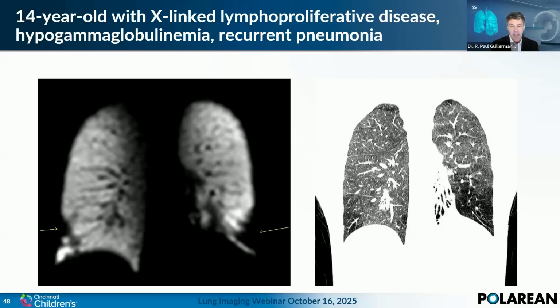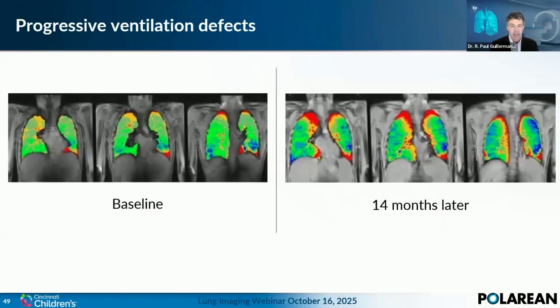And on the CT, you can see that collapsed left lower lobe, which on the ventilation image for the xenon shows very little actual ventilation. And if you go on to the next slide, so this patient had follow-up. The problem with many of these patients is that they would be getting numerous follow-up CT scans to evaluate the progression of their lung disease, which of course imposes radiation exposure, which we like to avoid in children.